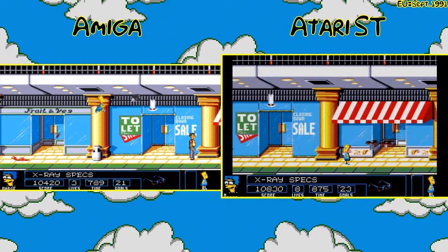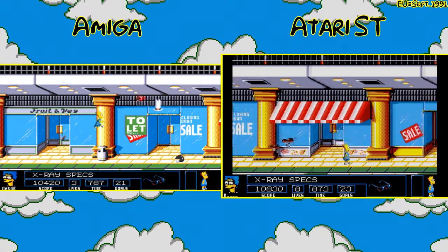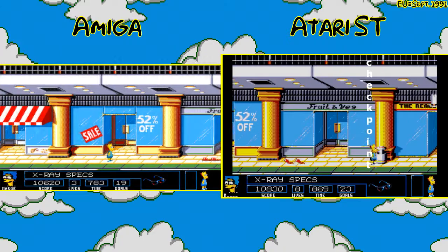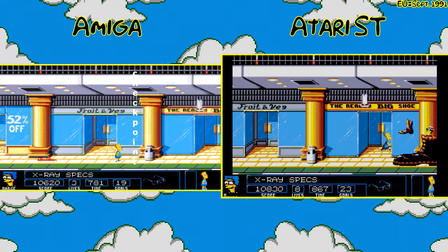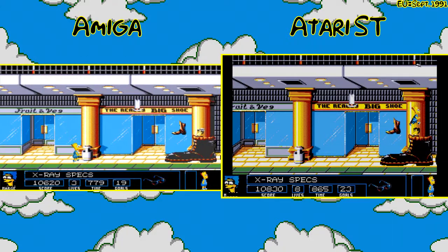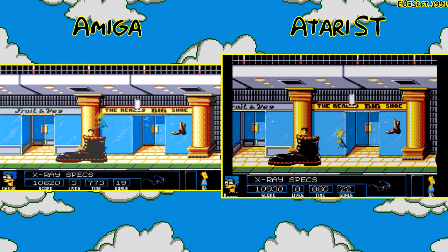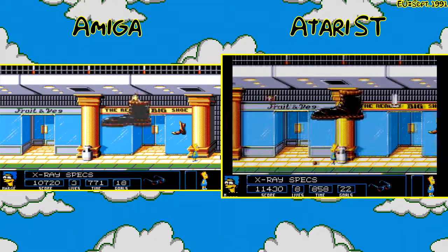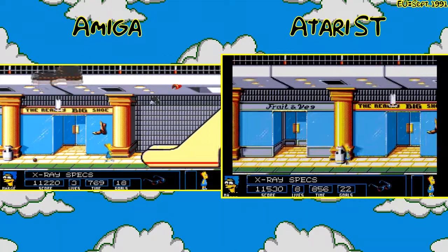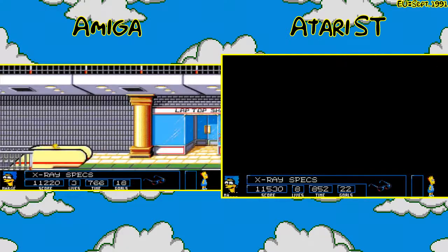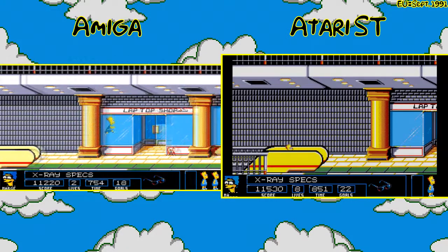So, just to quickly mention, the very next video, which would be part 6, will be the MS-DOS, and I don't know if I'll be comparing the MS-DOS with the Amiga or the Atari, depending on what's there and what isn't. But the MS-DOS actually plays slower than the Atari, so you can only imagine how much slower everything will be if I compare it to the Amiga.